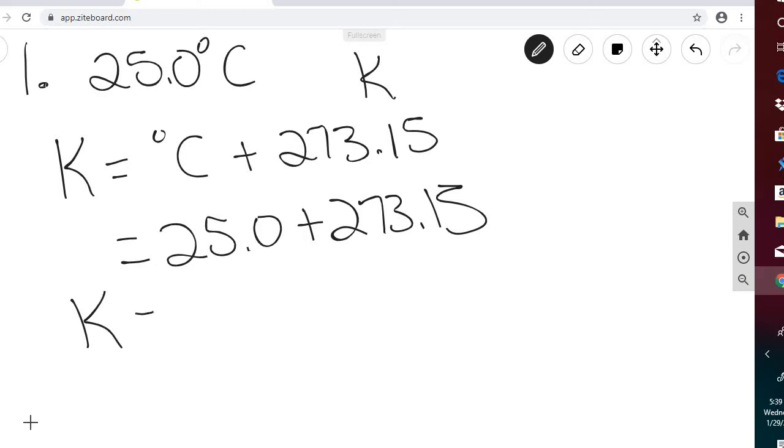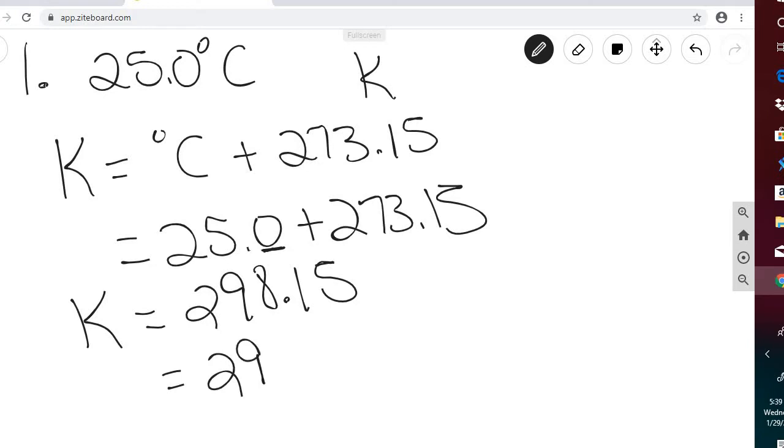So Kelvin will be equal to 298.15. And we're adding here, so we take the least precise value, so this goes out to the tenths place. So it would be 298.2 is the temperature in Kelvin.